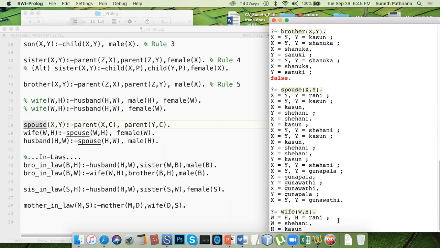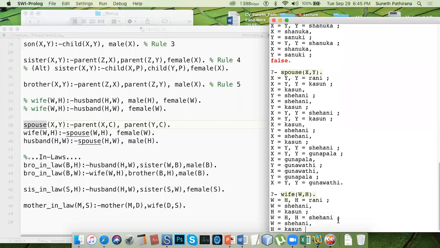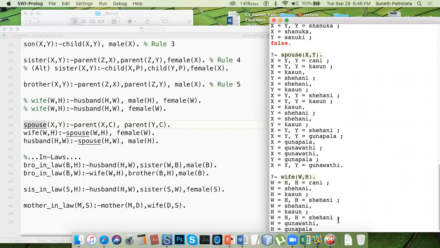Shehani is a female person. This must be coming from this spouse relationship. Spouse is a two-way relationship, meaning the same person can be the spouse of the other person in two ways. So again, it gives the correct answer.